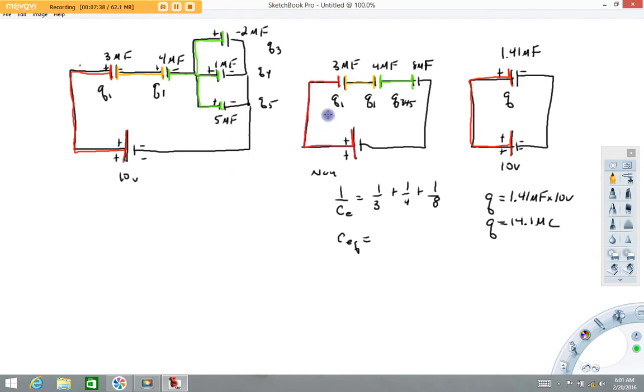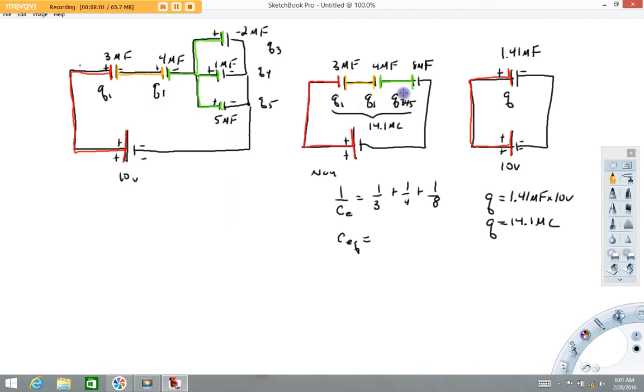All of these are 14.1 microcoulombs. Now, 2 of those are ones we wanted directly. This Q1 is the charge here, so that charge is done. This one is the charge here, we're done.